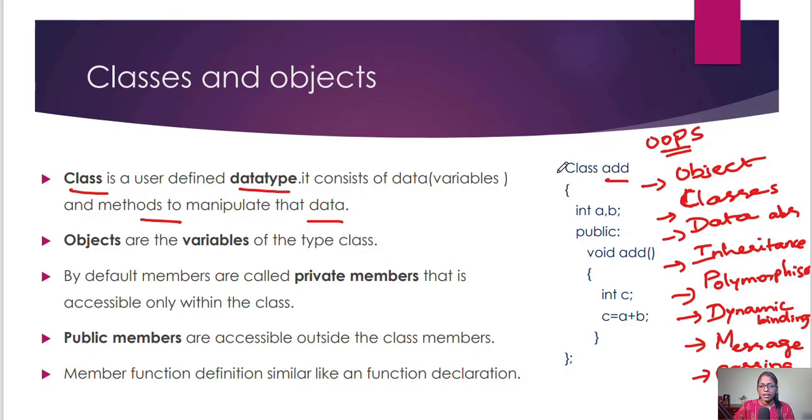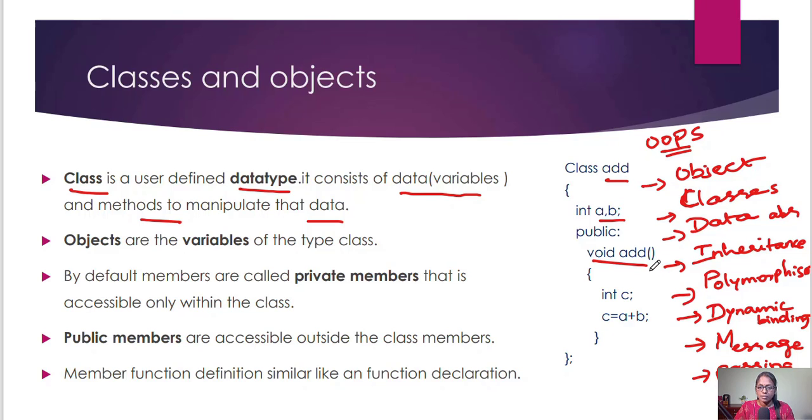What are the data I have given here? See, class add, integer a comma b, and this is called data or variables, and this a comma b I am going to manipulate inside the add class.